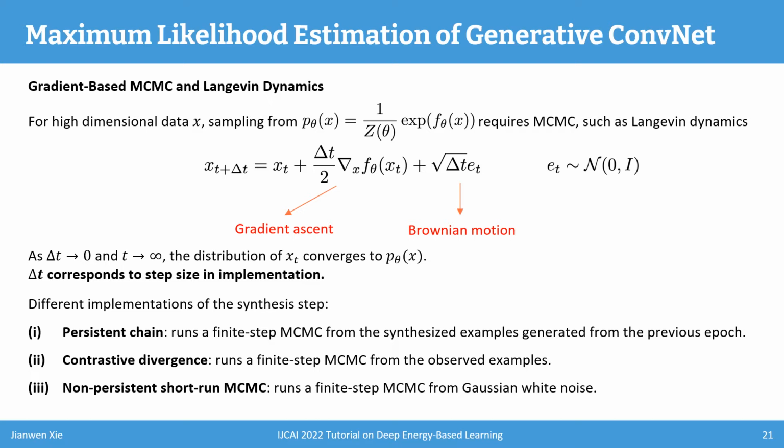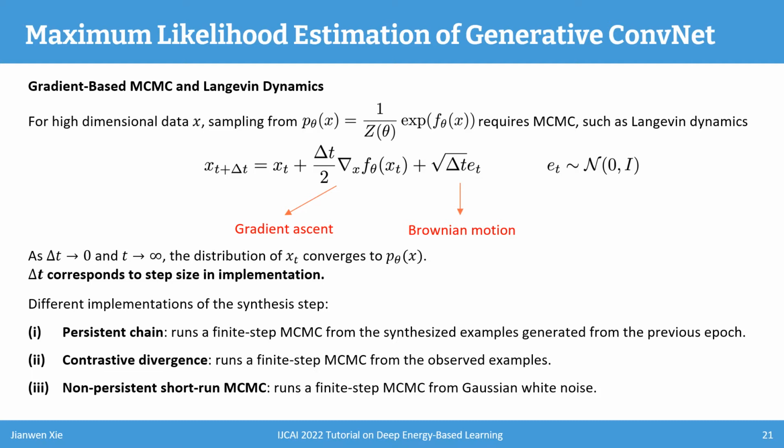A larger f corresponds to a larger probability density. Delta t is the step size, and epsilon_t is the Gaussian noise term for randomness. As the step size goes to 0 and the number of steps goes to infinity, the distribution of the generated examples will converge to the target distribution p(x).